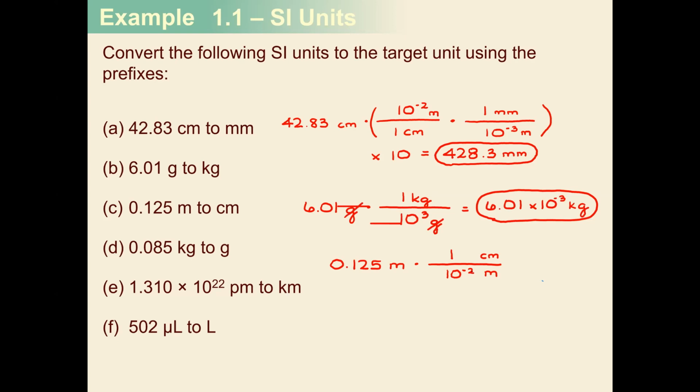Notice that my value and my unit are going to go in opposite directions. My unit is getting smaller. That means that my number will get bigger. So what does that mean? I will get 12.5 centimeters.